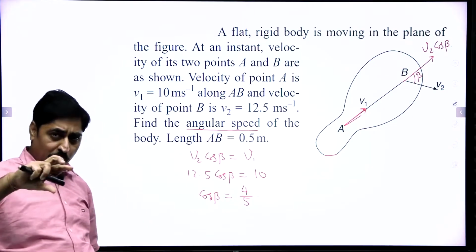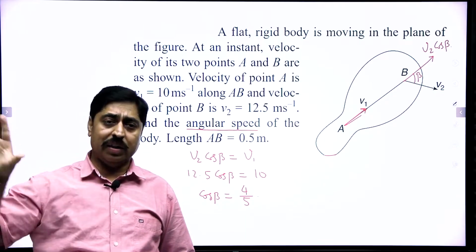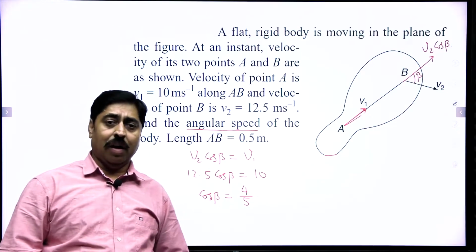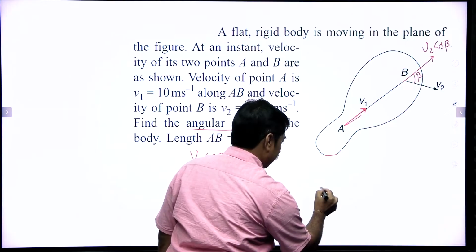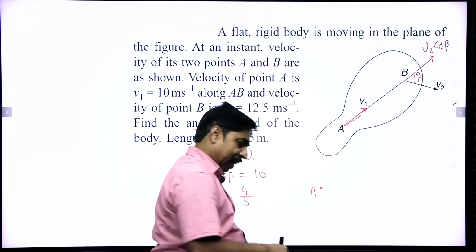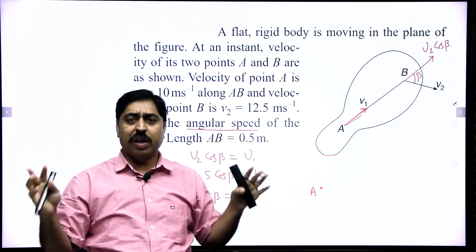When a body rotates, its angular speed about any point is basically the same. Let me remind you that if this is one point A, it can be an independent particle. I am not talking specifically about a rigid body.